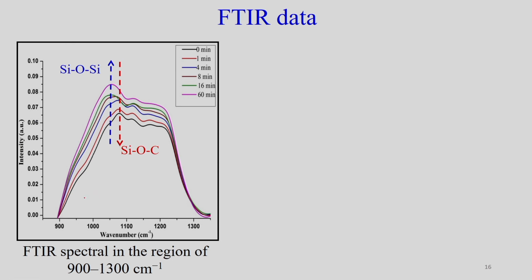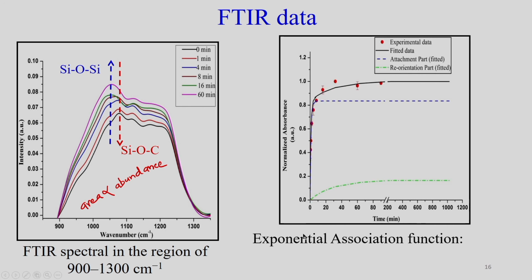At the same time, we know that the peak area is proportional to the abundance. So, if you try to plot the peak area with time, we should observe an increasing trend. So, what we did, we plotted the peak area, the normalized absorbance, with time here.